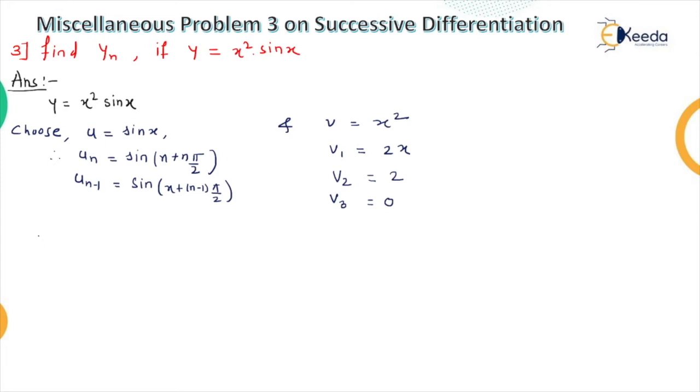Now by using Leibniz theorem, we have to differentiate n times. I am taking y as u into v, and suppose this is equation number 1 for consideration.